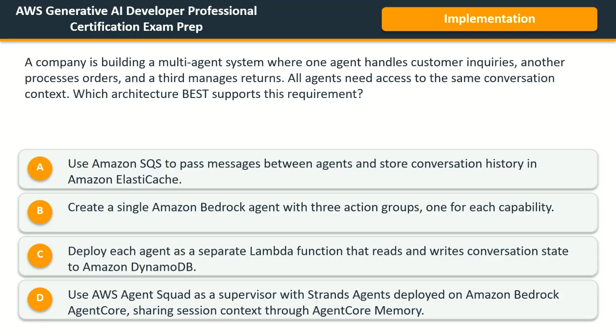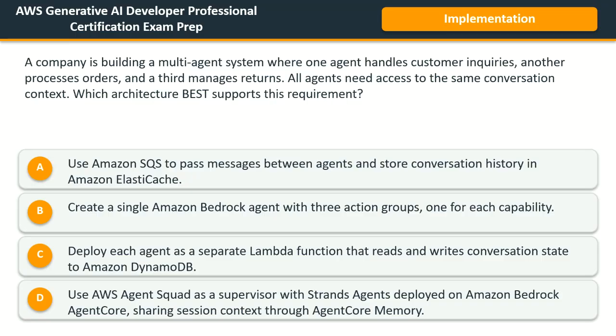This question is testing modern agent architecture, not basic AWS plumbing. The key requirement is all agents need access to the same conversation context. That's a shared memory problem. Amazon Bedrock Agent Core provides Agent Core memory, which is specifically designed to manage shared context across multiple agents.